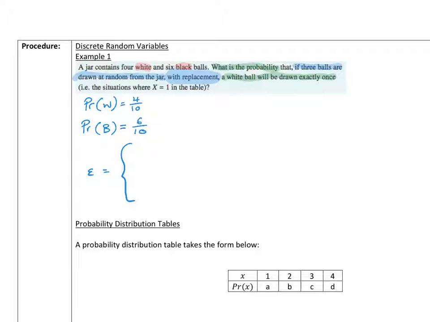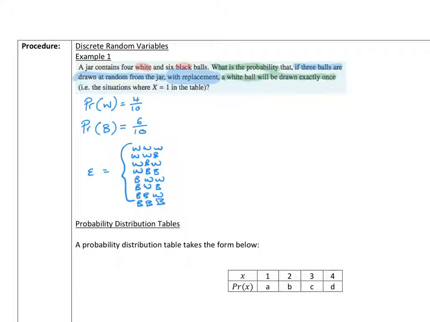So we know that we could go 3 whites, 3 blacks. We know that we could go 2 whites, 2 blacks, 2 whites, 2 blacks, and white, black, white, black, white, black, white, black.